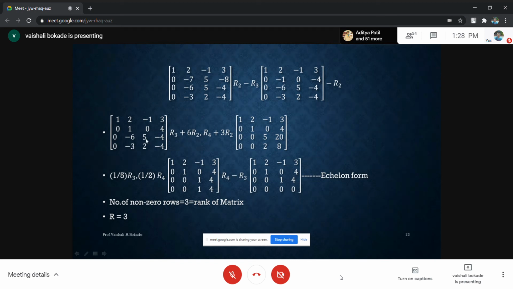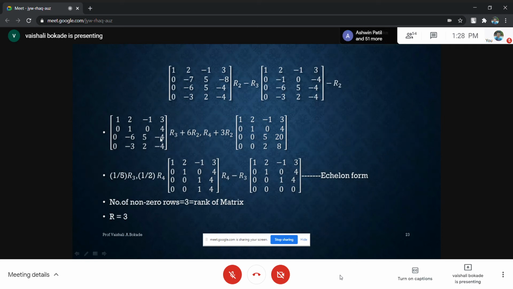Yes. So whenever I go for 5 plus 6 into 0, this element will be 5 only. And whenever I go for 2 plus 3 into 0, this element will be 2 only. Yes, because as this element has entry 0, the other two elements 5 and 2 remain as they are. Now I have to go for R3 plus 6R2 at this place.